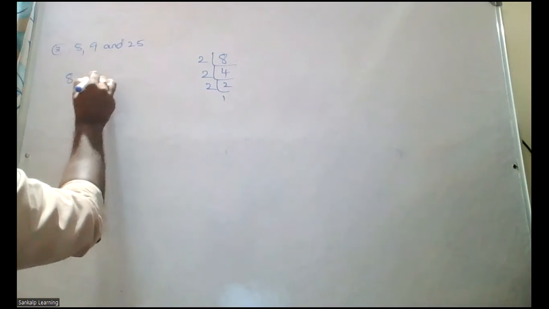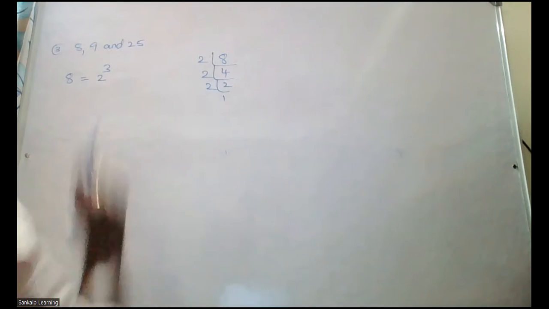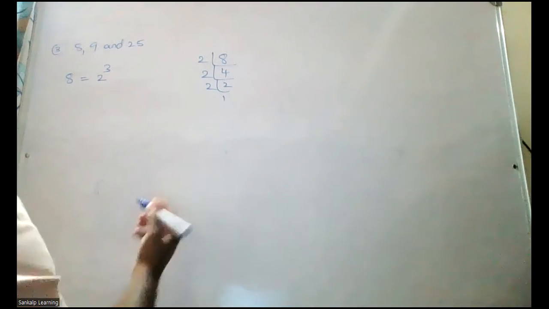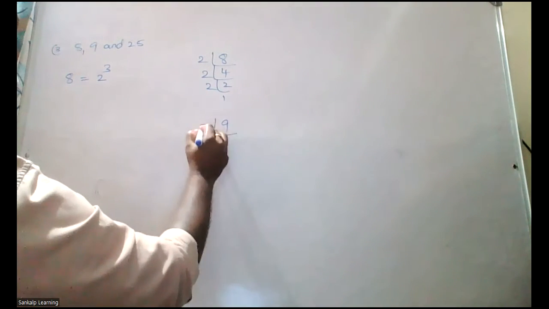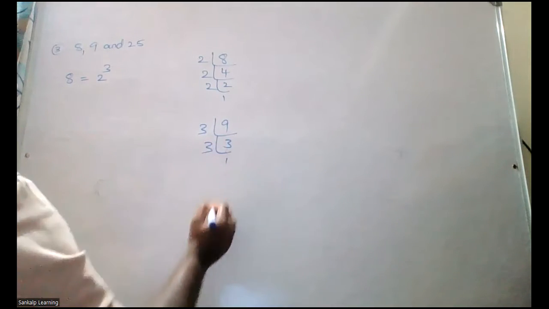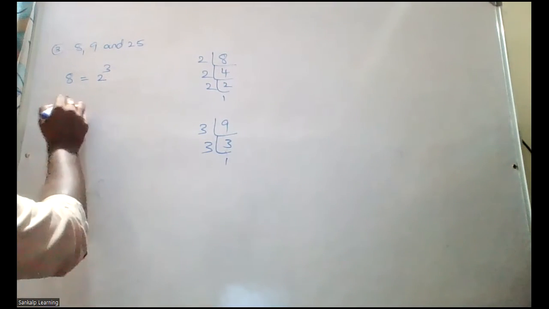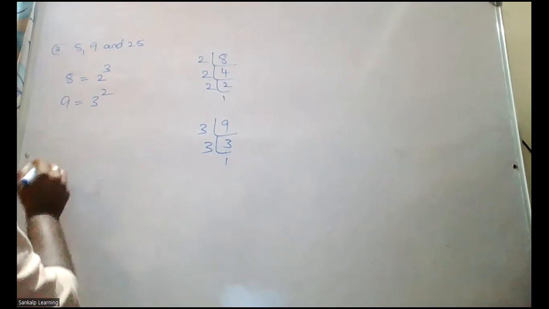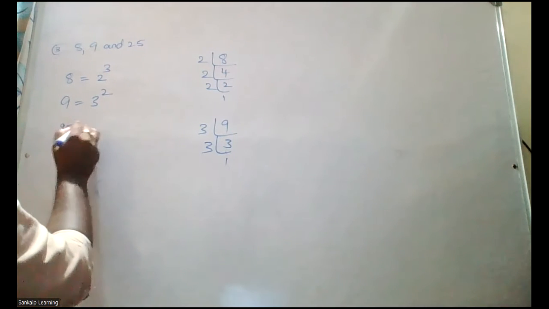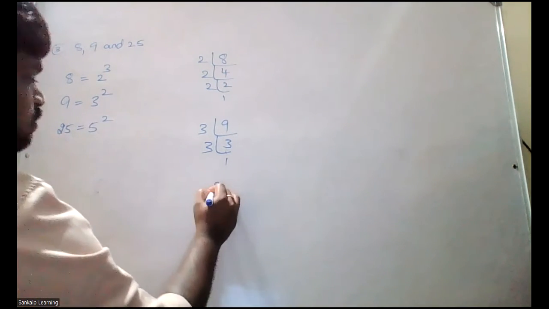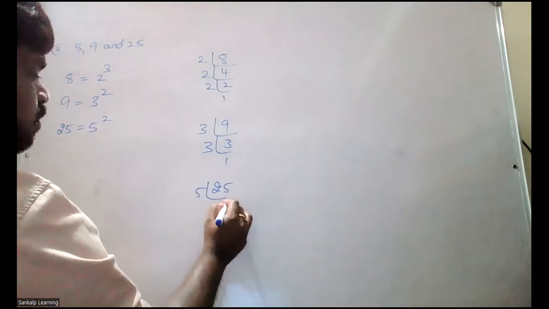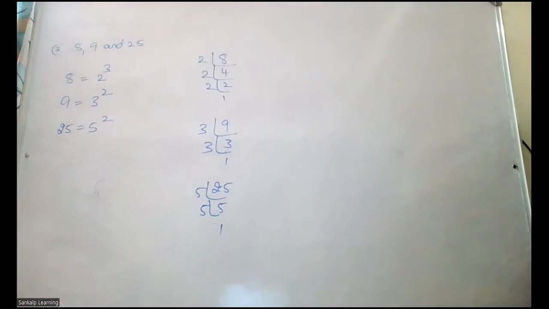Therefore, 8 can be written as 2 cube, since 2 comes 3 times. Similarly, 9: 3 3s are 9, 3 1s are 3. Therefore, 9 can be written as 3 square. Then 25, very easily 5 square, because 5 5s are 25, 5 1s are 5.